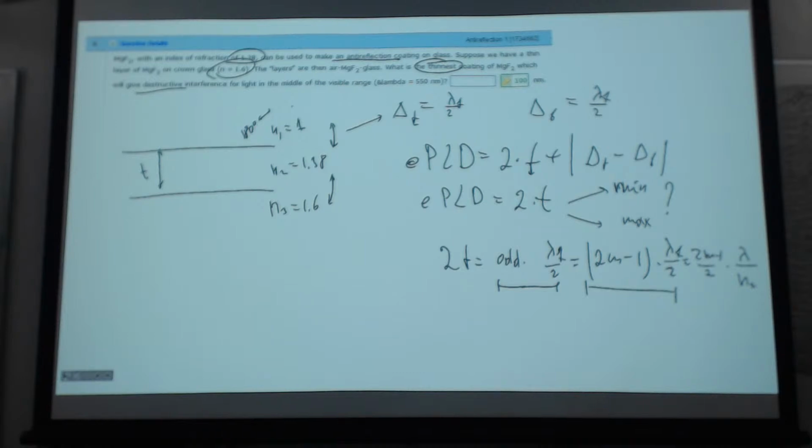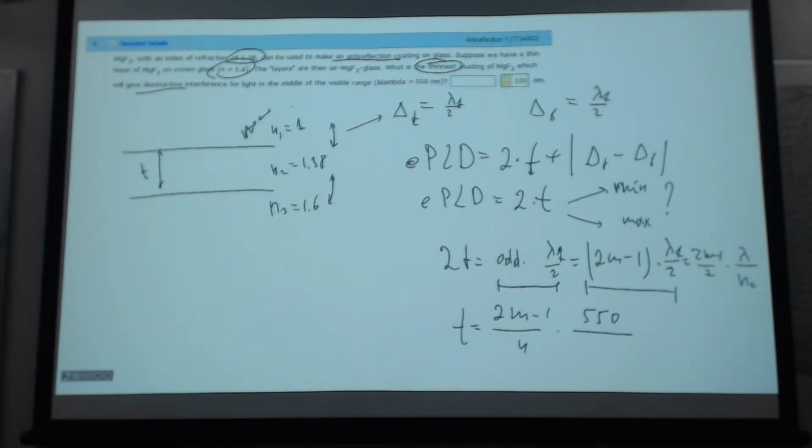And what are you looking for? The thinnest t. You're looking for the smallest value of t, right? Yes. So t equals (2m minus 1) over 4 times the wavelength. Do you have 500 nanometers? I have 550 nanometers.